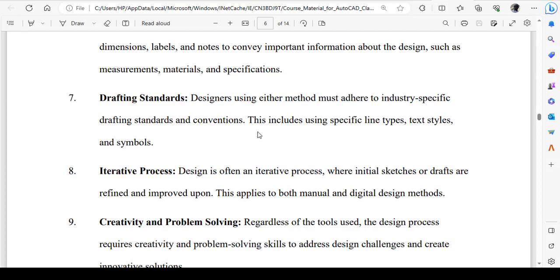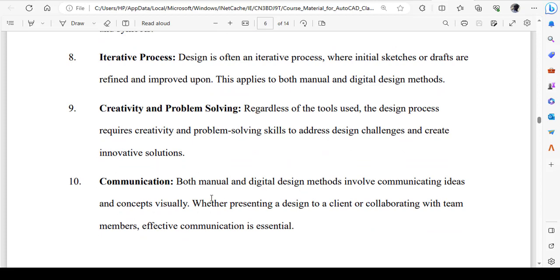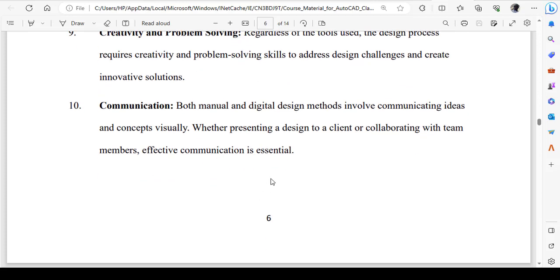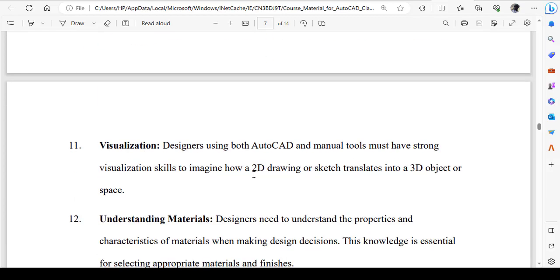Then both also require creativity and problem solving. And also you can communicate your designs even though you do it on AutoCAD or manual designs. And visualization, how you visualize your work, both in manual designs, in AutoCAD, and the rest.